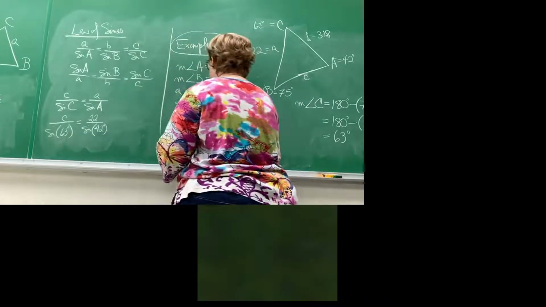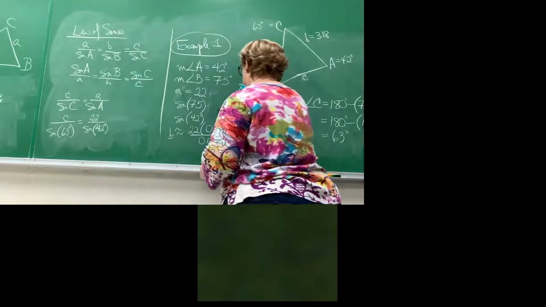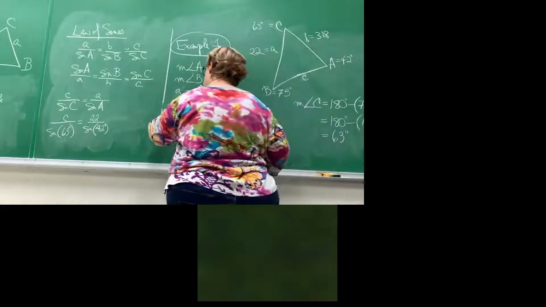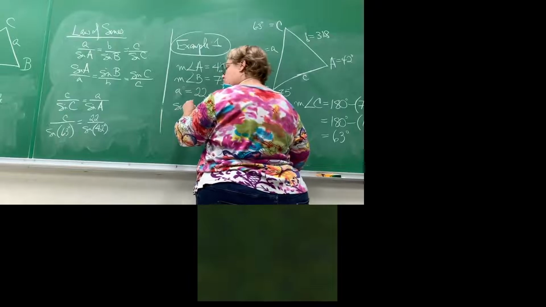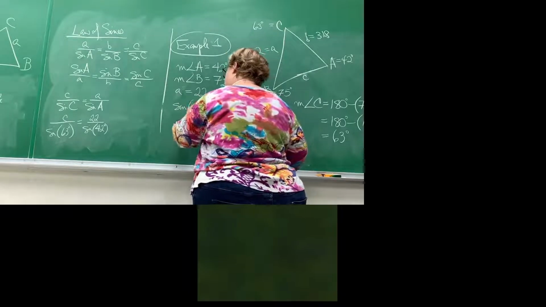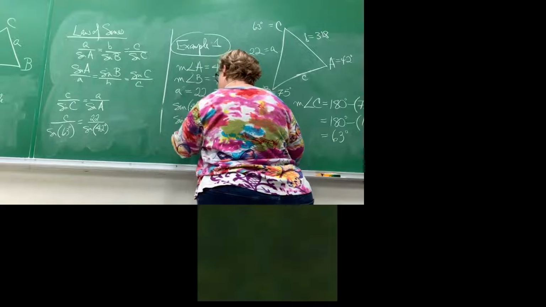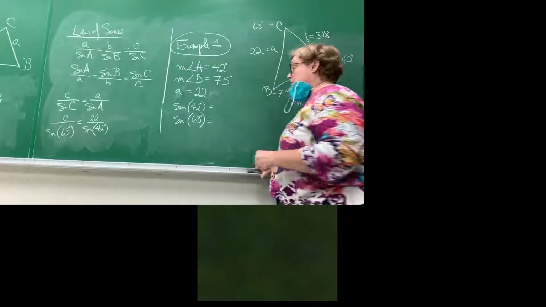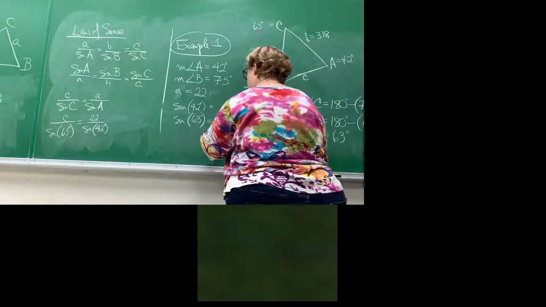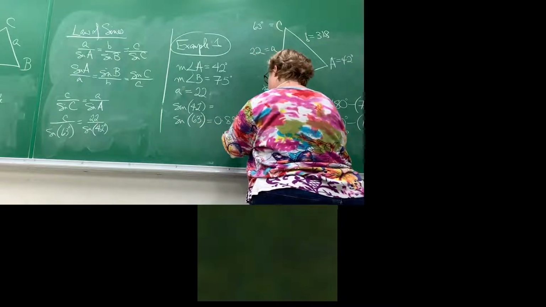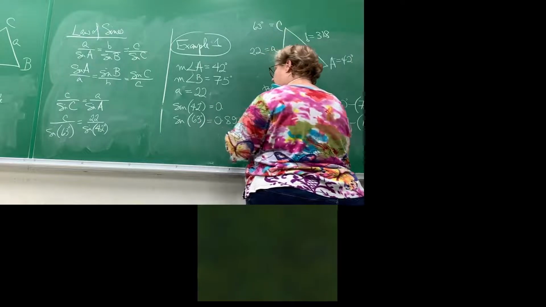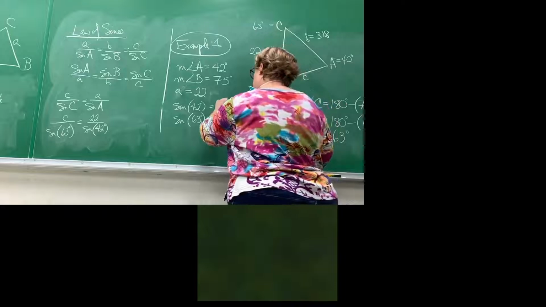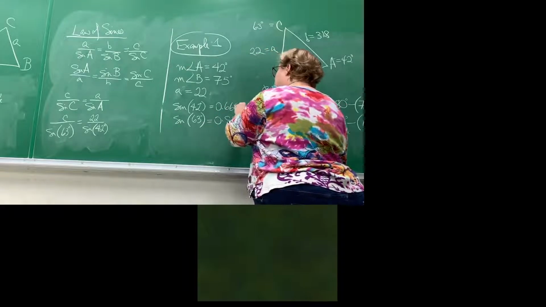And let's write those down to 4 decimal places. The sine of 63 degrees is 0.8910. All right. 0.6691. Yes. Okay, great.